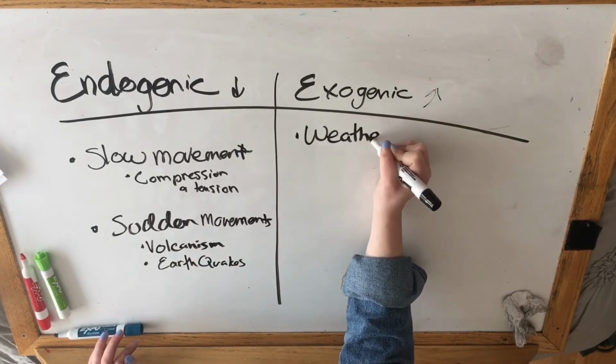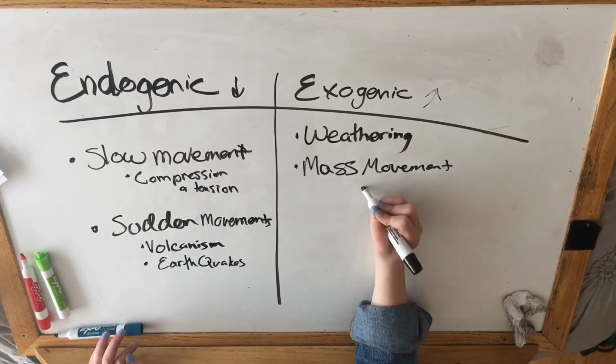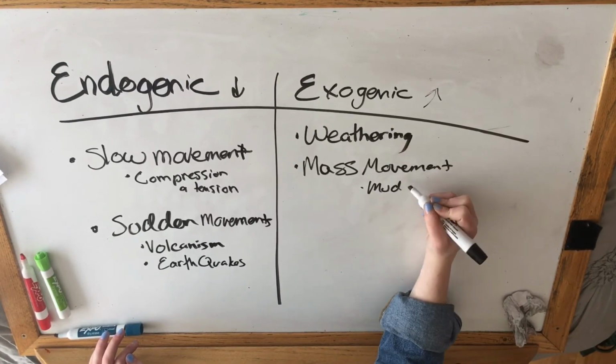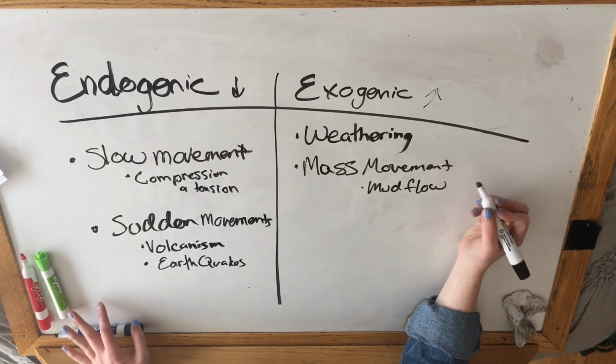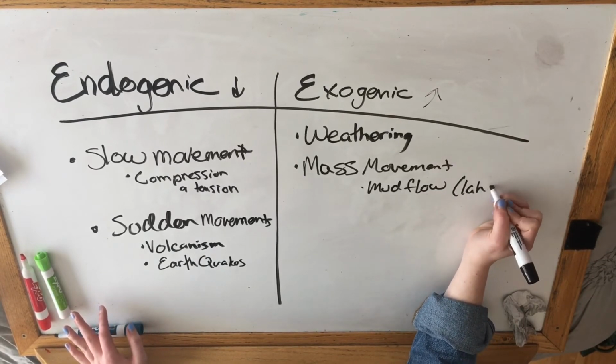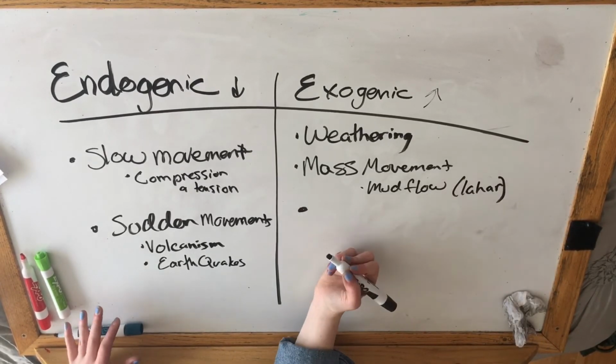Some exogenic things include weathering and mass movement, so some exterior mud flow from the earth, such as a lahar, is a mass movement that's exogenic.